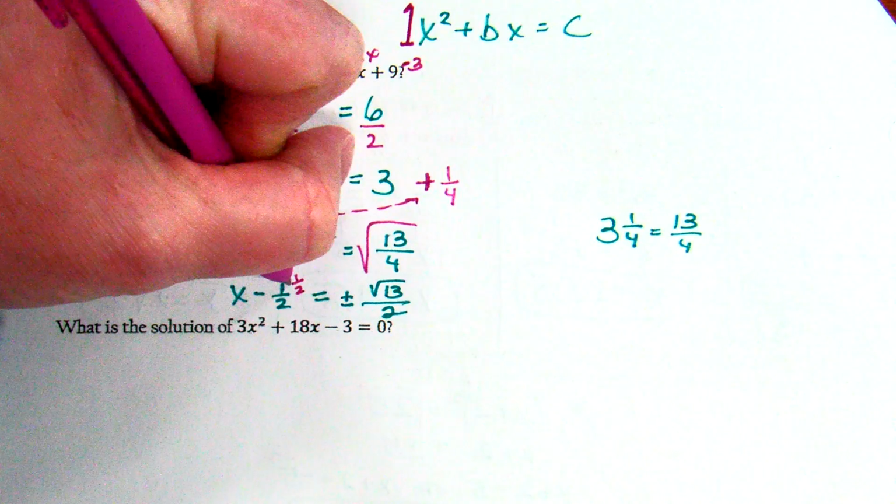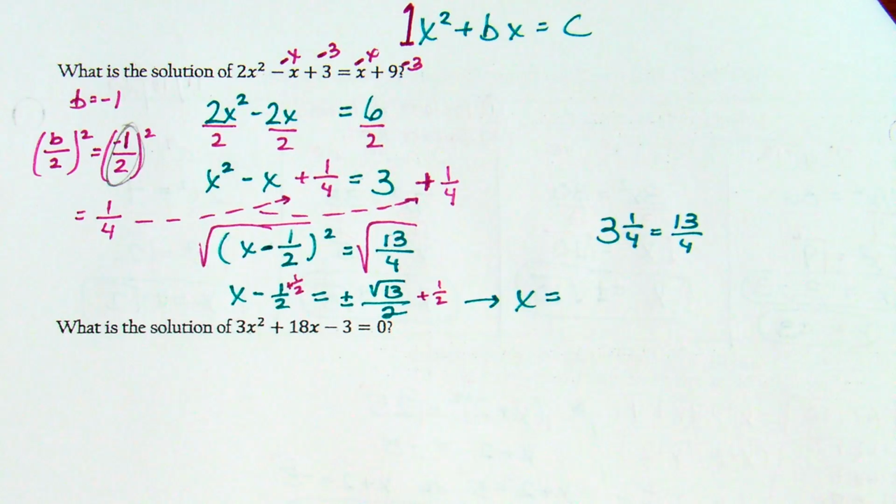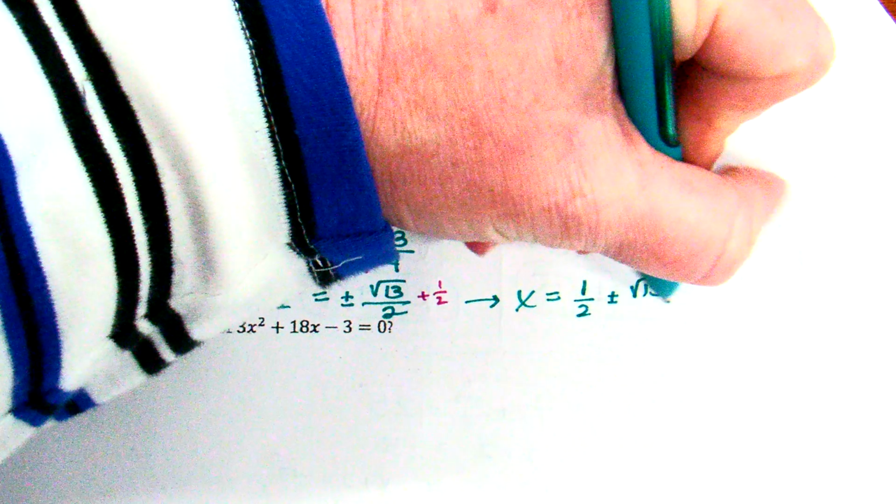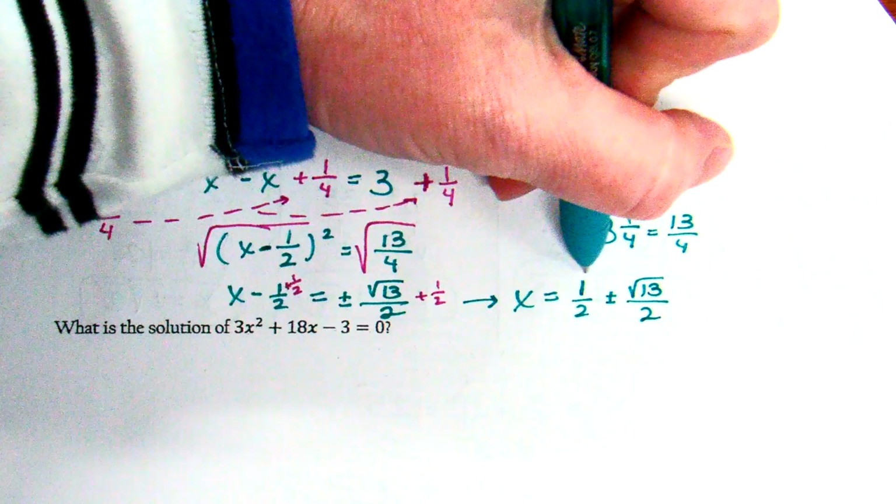Now, when we add 1/2 over, keep in mind we have this square root of 13 over 2. It's a square root, so you can't add that to anything unless it's another square root of 13, which we don't have. So if you remember from yesterday, I'm going to put that plus or minus in the middle, and I'm going to say 1/2 plus or minus the square root of 13 over 2. And we're going to leave our answer like that.